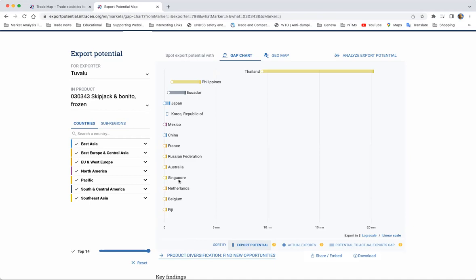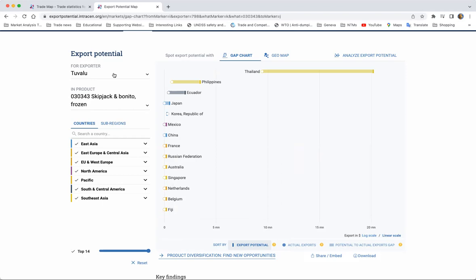So that's why I said before, the export potential map is an interesting starting point, but we need to look into what is actually the reality to understand why these countries show up here. It's just something that I like to keep in mind on the side. So I will continue working with this skipjack.